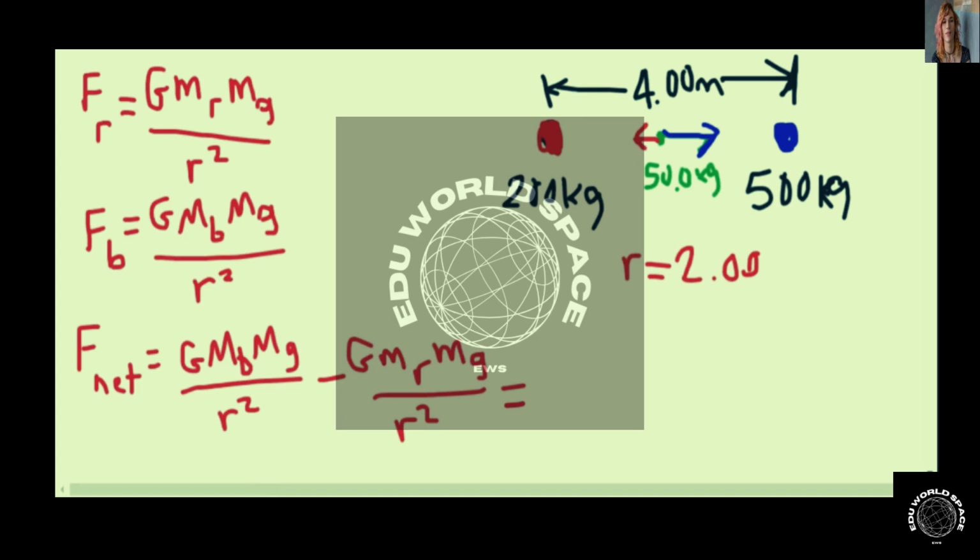We can factor out G M green and R squared, and that just leaves us with M B minus M R.